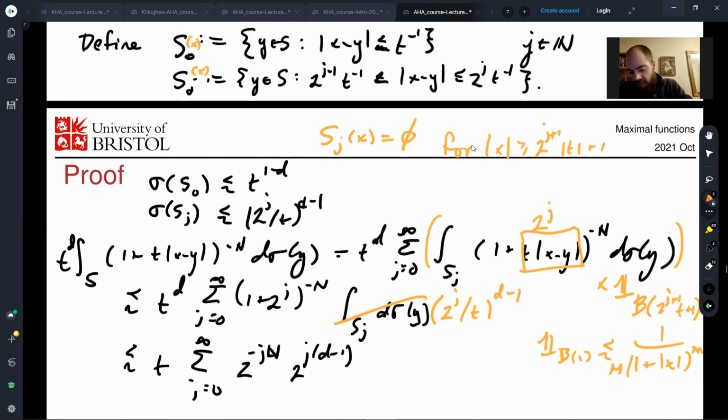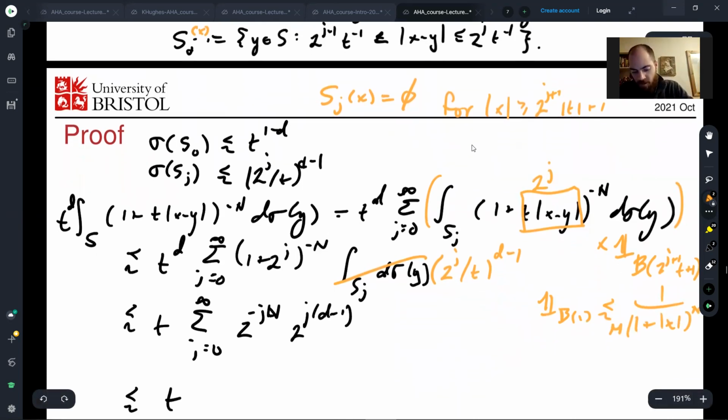All right, by scaling, that also means that the indicator of the ball of radius 2^(j+1)t at x is bounded by 2^(j+1)t all over 1 plus |x| to the m.